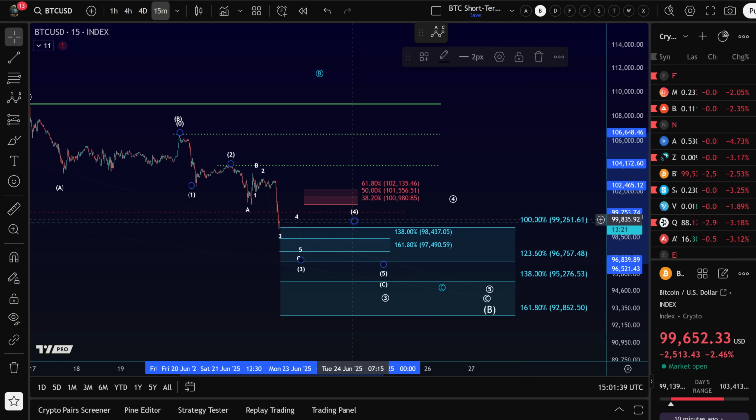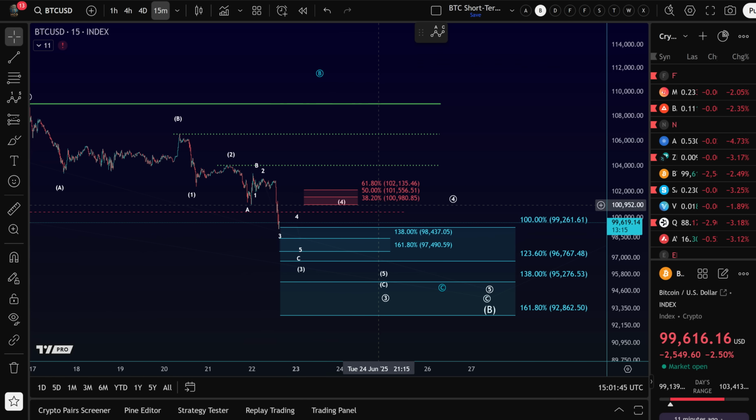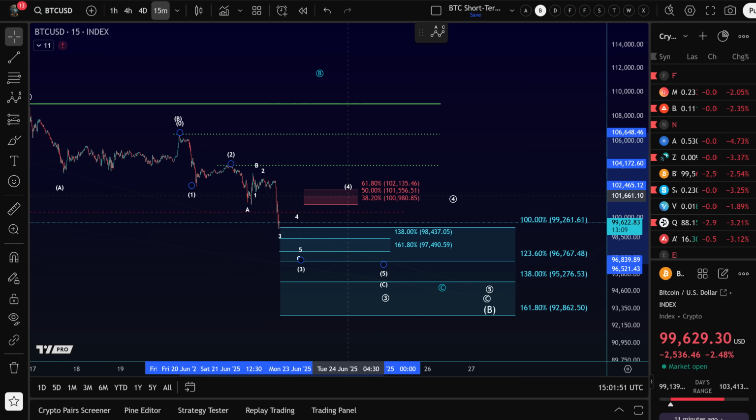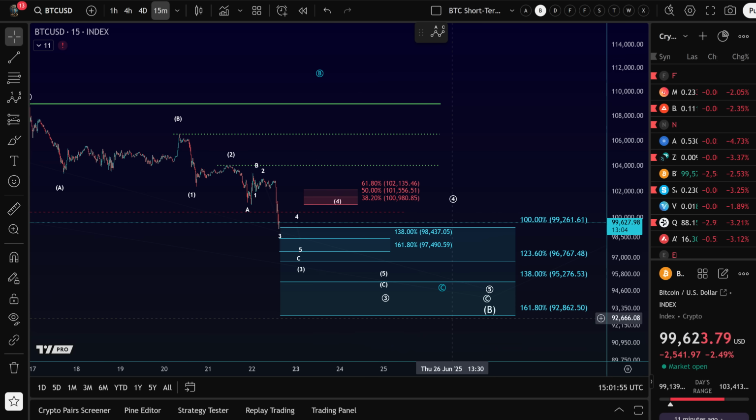It's between 100,980 and 102,135 standard resistance. But this will likely need to be adjusted with the price as we still go lower. I do not assume yet that this fourth wave has actually started. So that's how I track it.